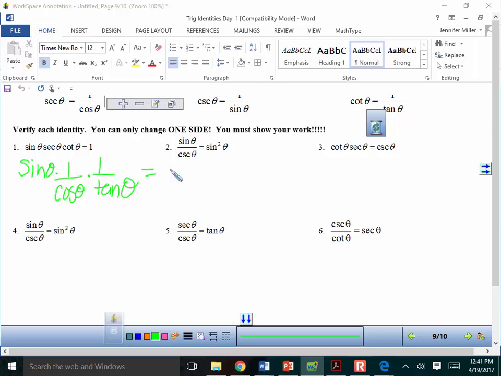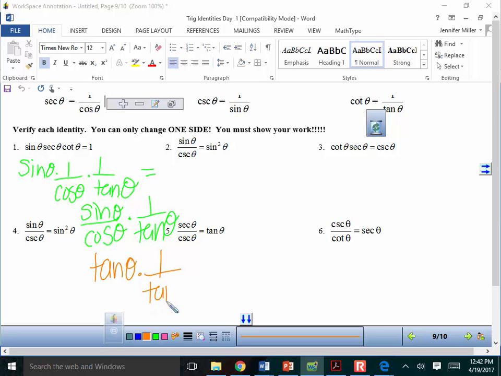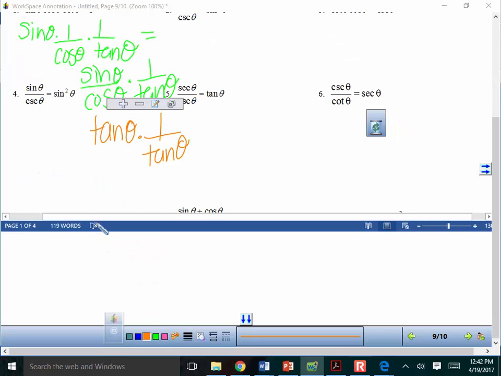Once we multiply, that gives us sine of theta over the cosine of theta times 1 over the tangent of theta, right? And what's sine of theta over cosine of theta? Use your identities. This is the tangent of theta. So then we have tangent of theta times 1 over the tangent of theta, and that's going to give us tan of theta over tan of theta, which equals 1.